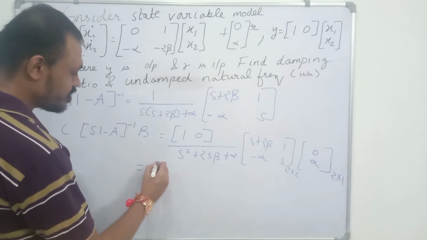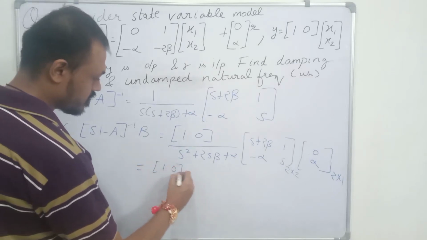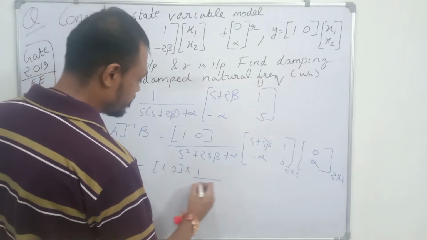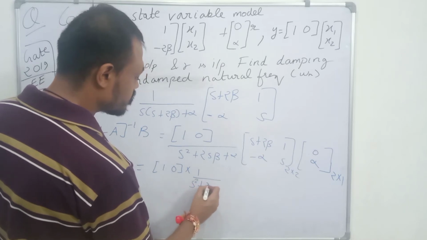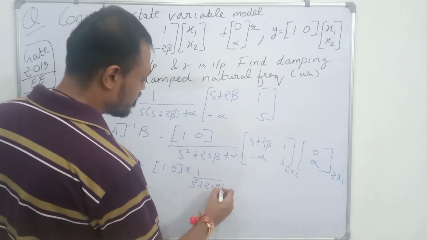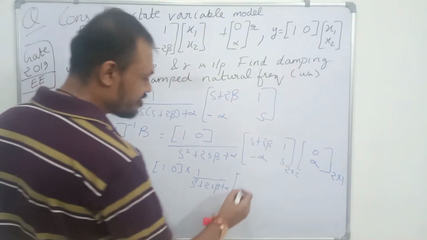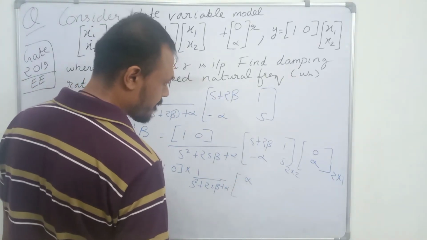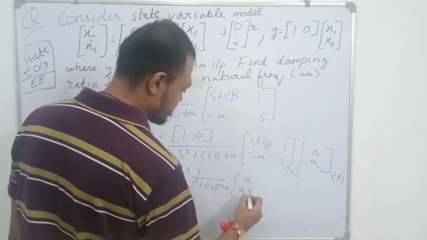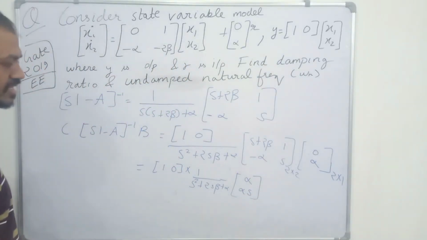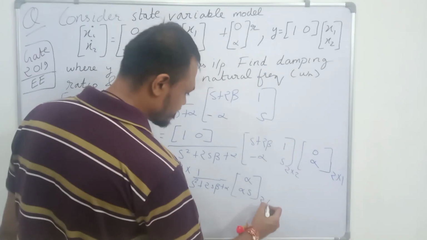So C into sI minus A inverse into B is equal to [1 0] into 1 upon s squared plus 2 beta s plus alpha, times the 2 cross 2 matrix, times [0 alpha].